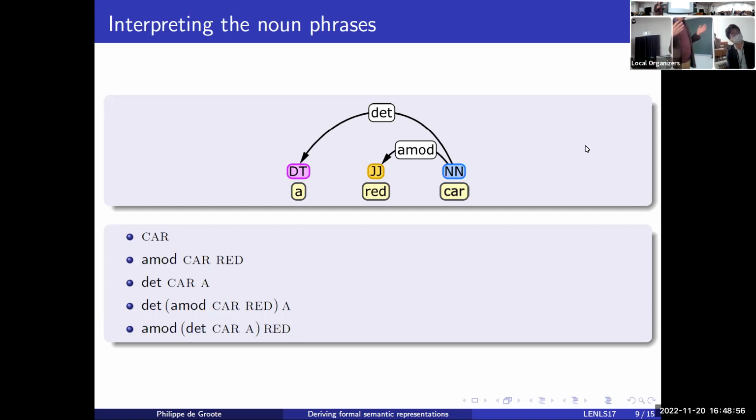There are people in the world of dependency grammar who argue that the determiner should be the head of such a group, but it's not what is done usually. So I'm sticking to what is done usually.